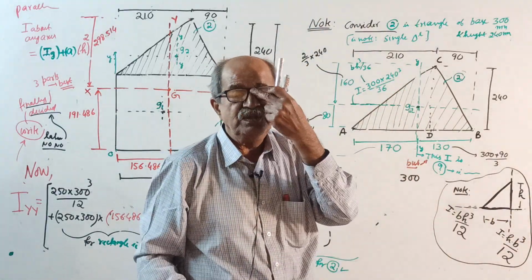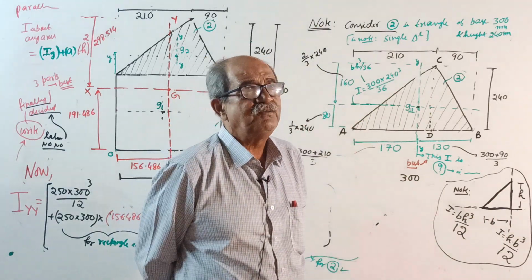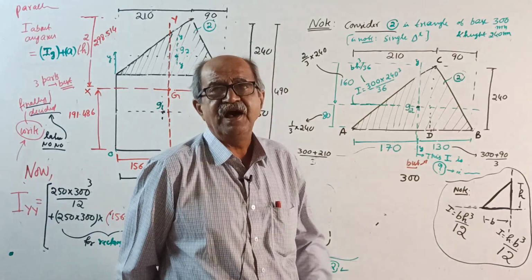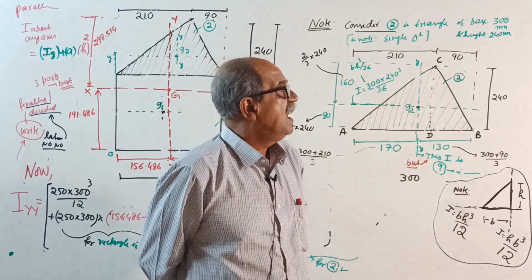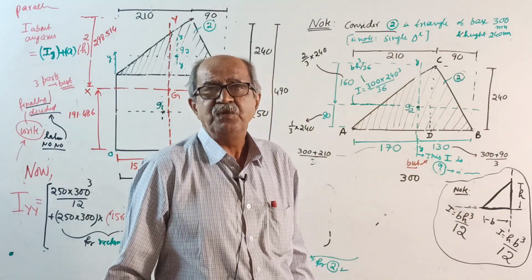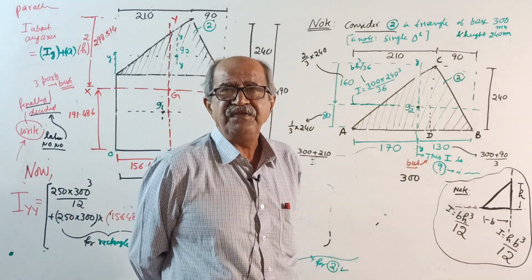Moment of inertia about the base for a triangle is the same as moment of inertia about the centroidal axis for a rectangle. This I will tell in the class for computer examination. I for a triangle about the centroid is BH cube by 36 for a right angle triangle. If you want about the yy axis, it is HB cube by 36.